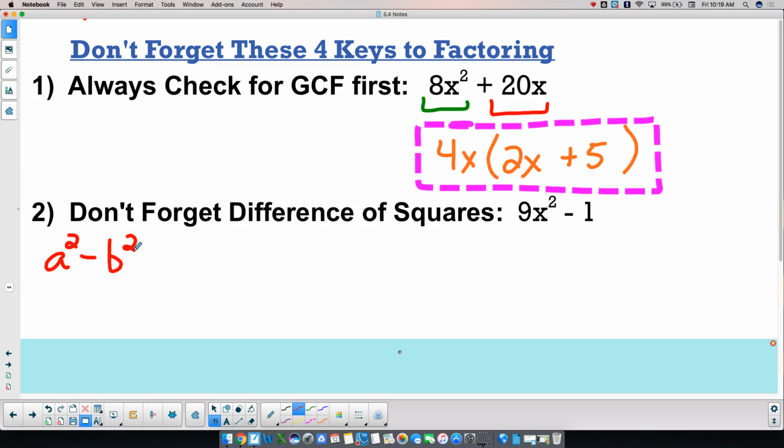That is difference. If it's addition, it is not doable. Okay? If it's a squared plus b squared, it is not factorable. Okay? And then this factors to be a minus b and a plus b.